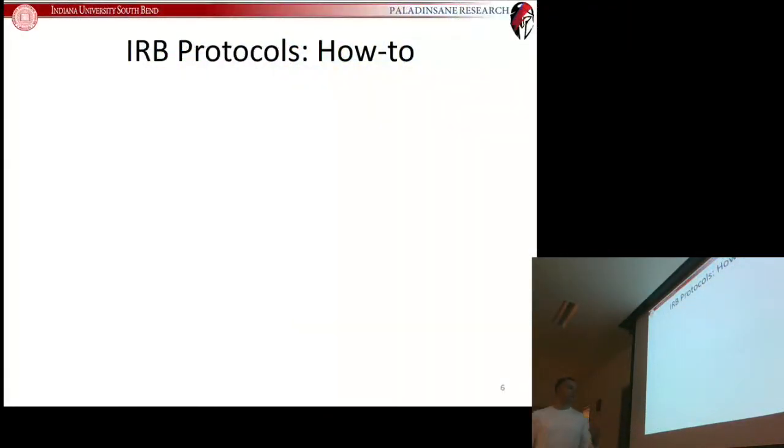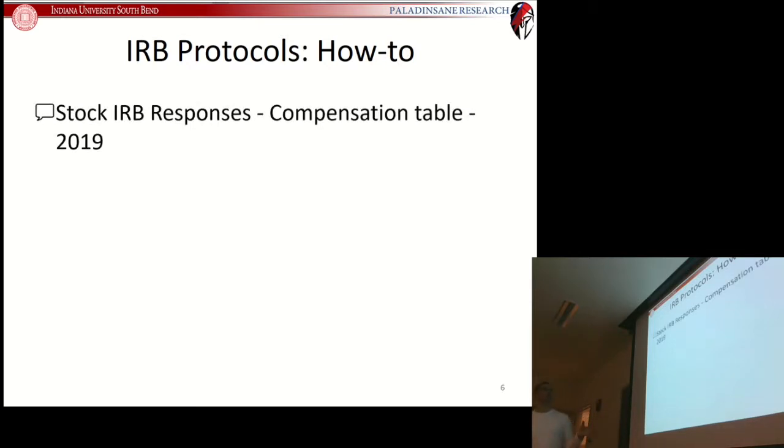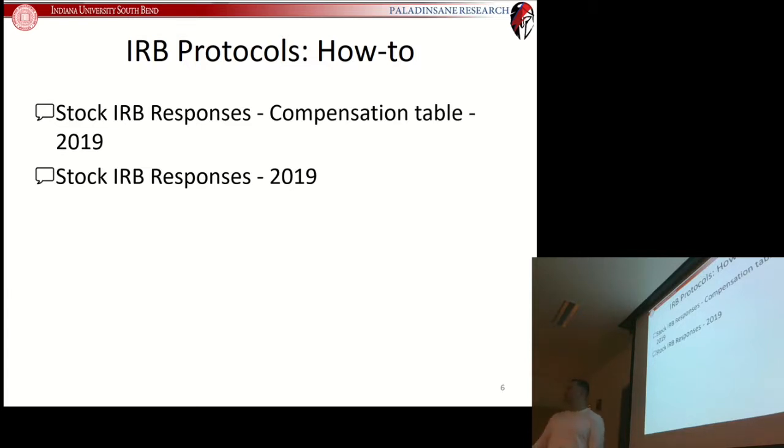So what we want to do today is I will briefly go over the stock IRB responses that I uploaded to Canvas. So we have the compensation table. We have certain stock responses that are strategies that you can use in your study to make sure that it is adhering to what the IRB is looking for.